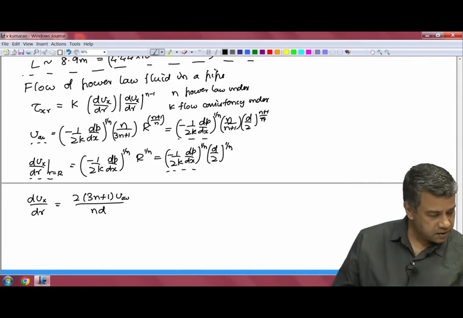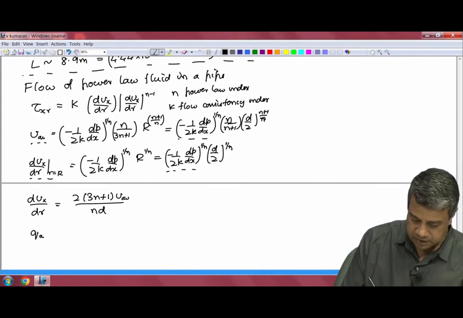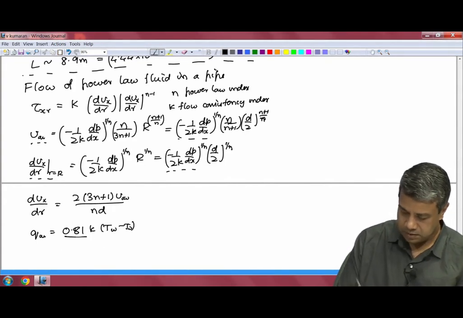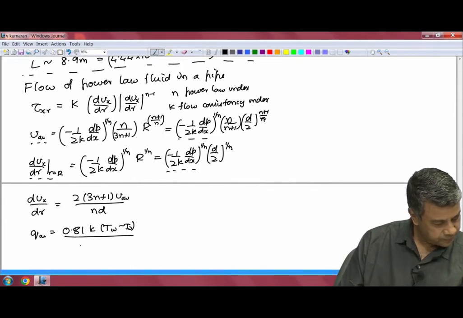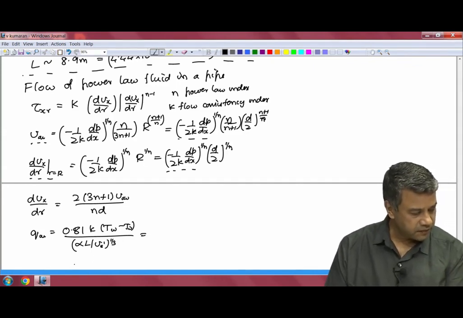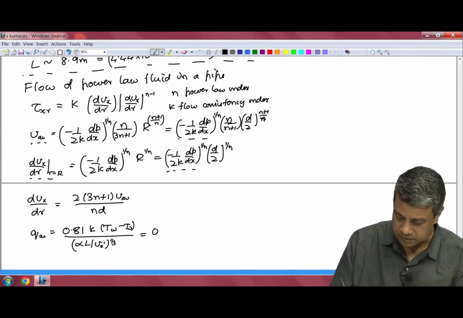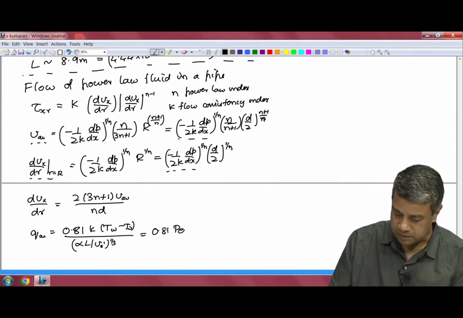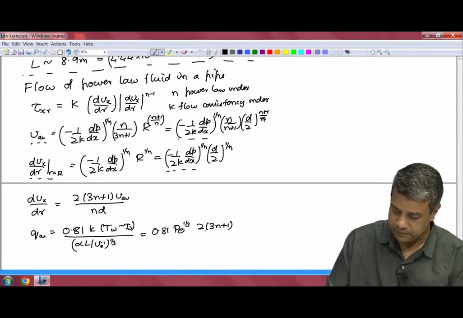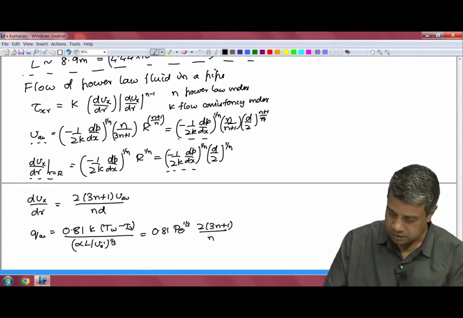And substituting this into the expression, Q average is equal to 0.81 k into (T_w minus T_0), divided by (alpha L by V_s prime) whole power 1/3. The modification of the expression for the flux will be 0.81 Pe power 1/3, into (2 into (3 n plus 1) by n) whole power 1/3.